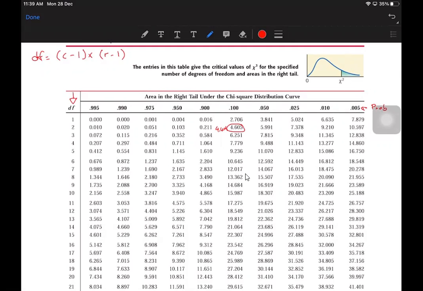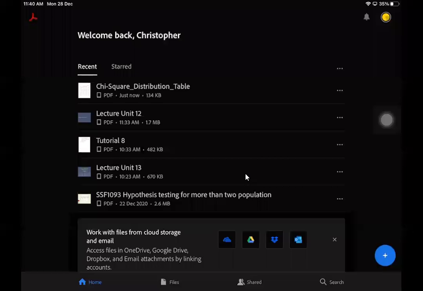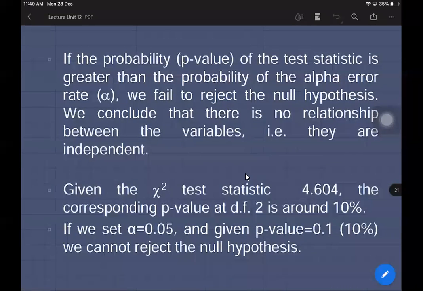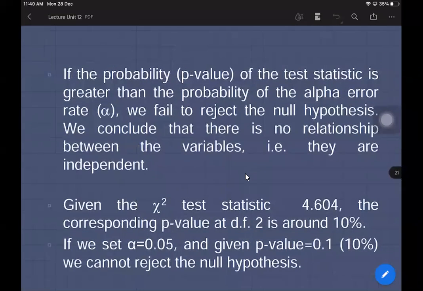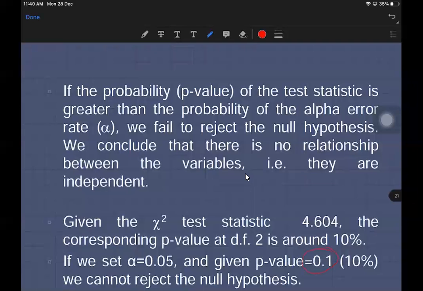So let's assume 0.099, or we can assume it is 0.1. Here the example is almost 0.1, so we assume the p-value is 0.1.